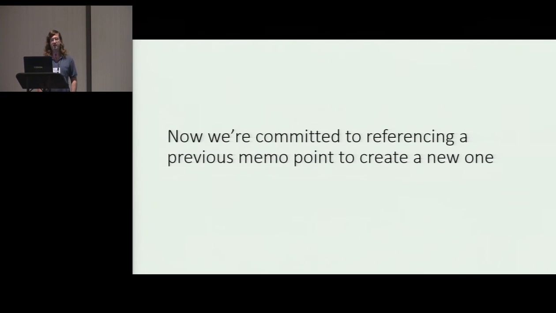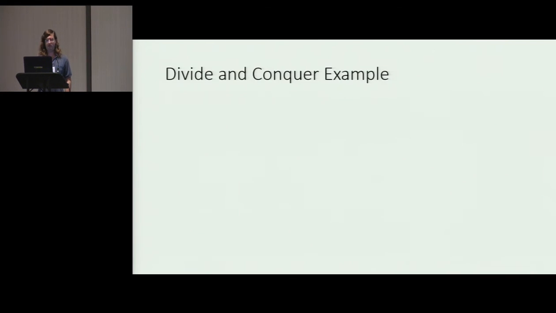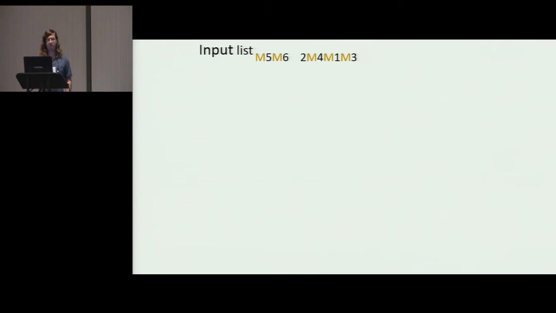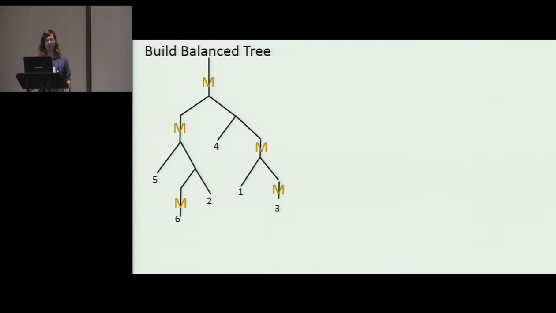But we've committed ourselves to referencing a previous memo point to create a new one. We can't just arbitrarily create memo points in this new output, and that's not going to work. So take divide and conquer, where we've used merge sort. We'll take this input list. Most places are memoized for the example.